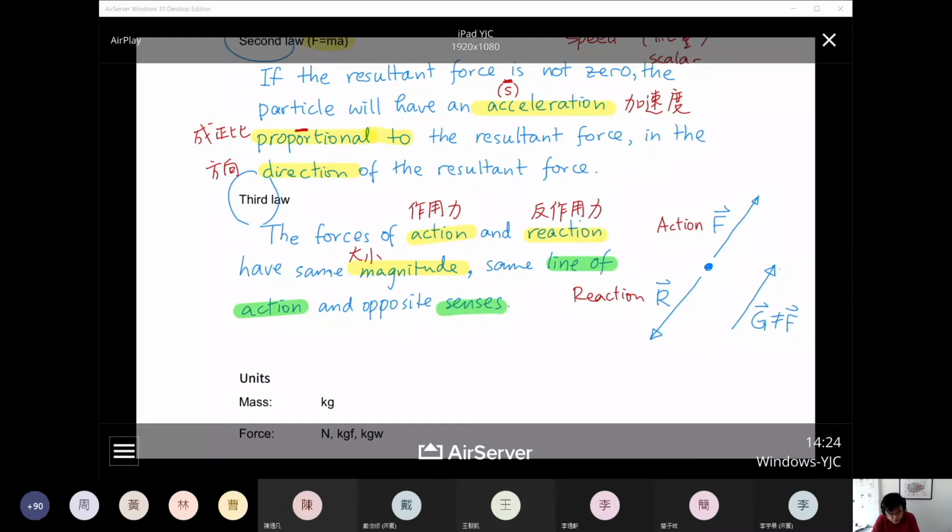So we need to tell the others the line of action. That means which line the force is acting along. Line of action means this line.